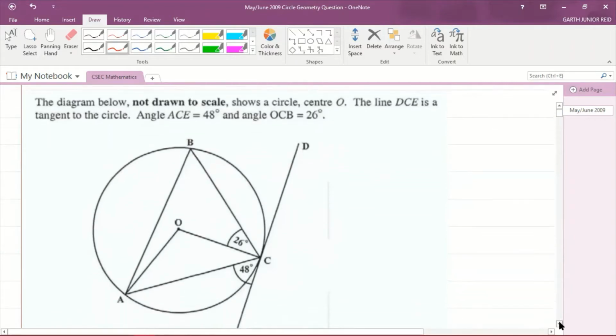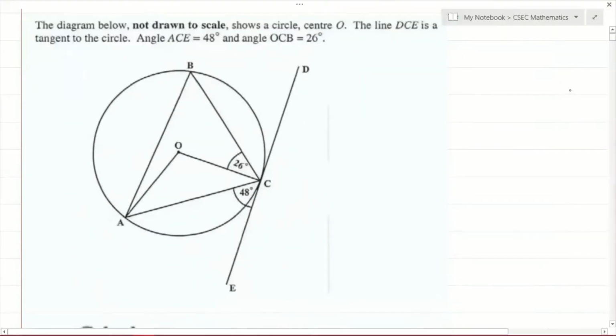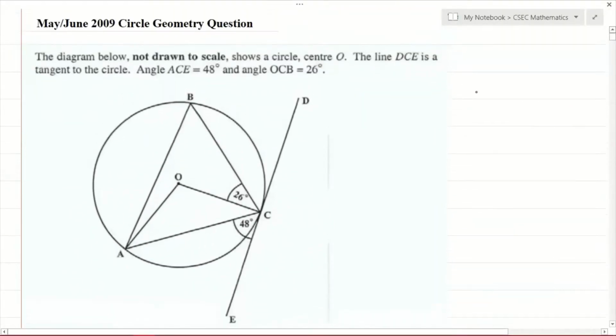It says that the diagram below, not drawn to scale, shows a circle with the center O. The line DCE here on the outside is a tangent to the circle, and the angle ACE, that's this angle here, is 48 degrees, and angle OCB, which is this angle here, is 26 degrees.